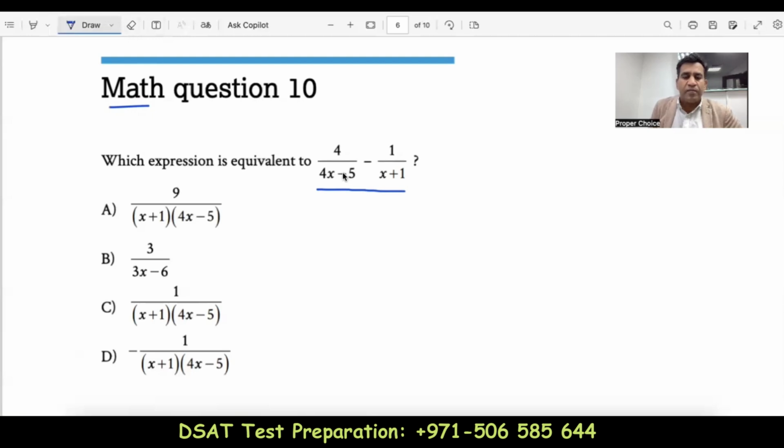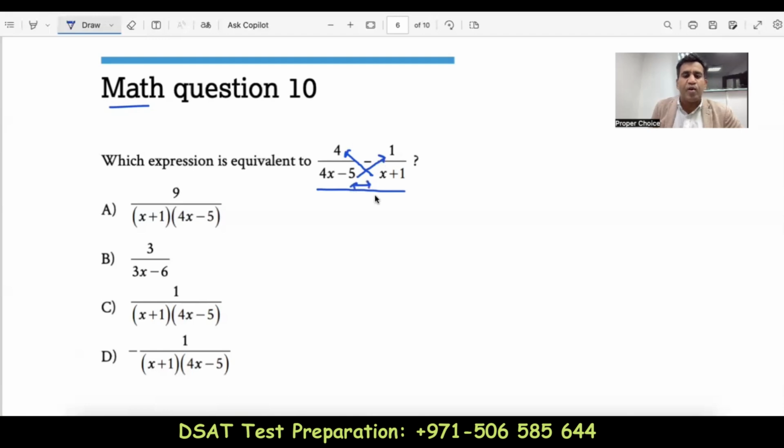How do we do that? Whenever a question asks us to add or subtract fractions, your main concern is to make the denominators the same. Basically, make a common denominator. How do I do that in this situation? You can cross multiply, by the way. You can multiply the denominator of the second term with the numerator of the first, and the denominator of the first term with the numerator of the second, and then multiply the denominators with each other.